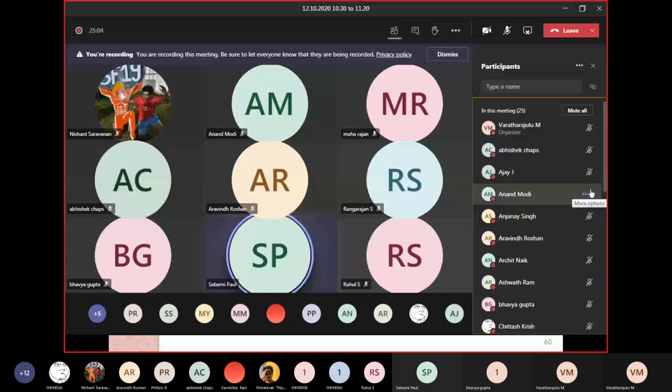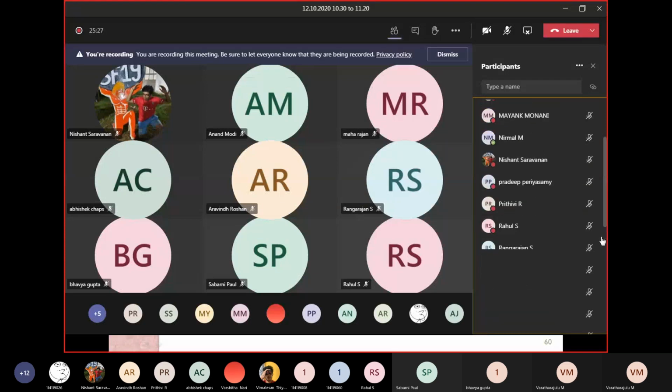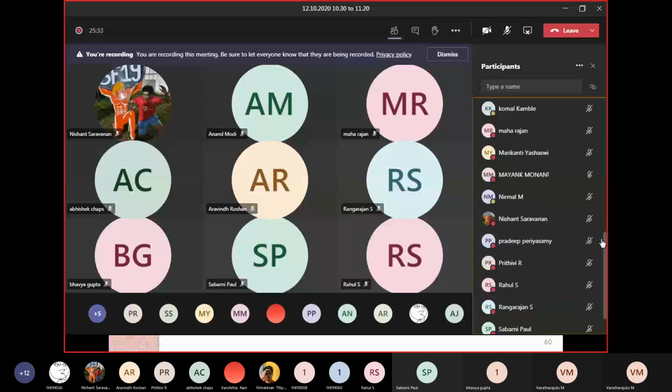Okay, Amula. Srikanth, absent. Kalyan absent. I think Kalyan, give your attendance. Nirmal joined. I think Nirmal. Yes, sir.